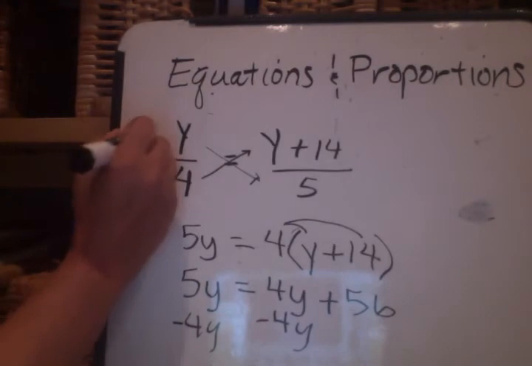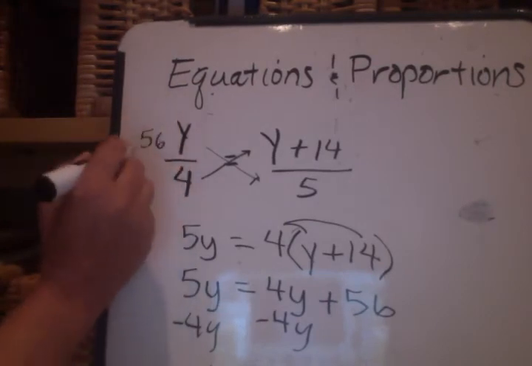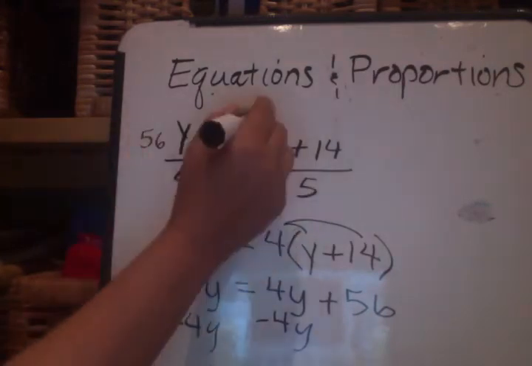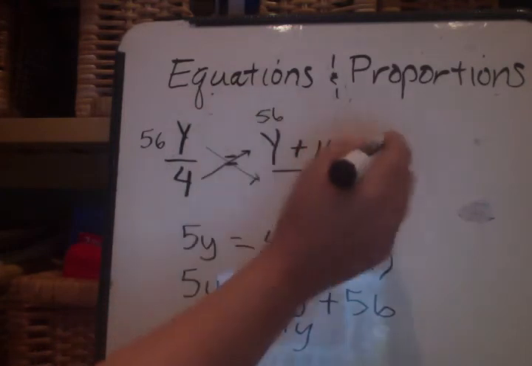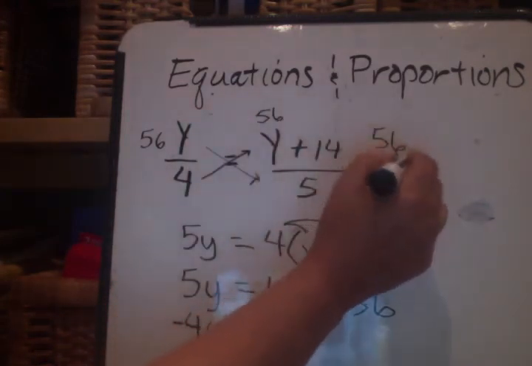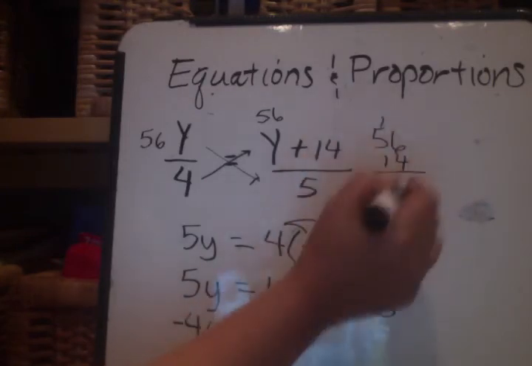And what that means is that if I take 56 and put it here, 56 over 4 is going to be 14. And over here, 56 plus 14 is going to be 70.